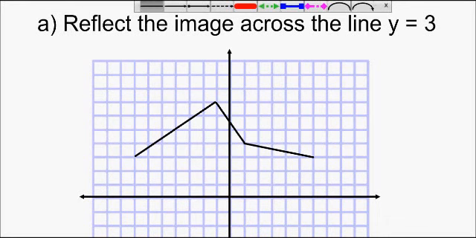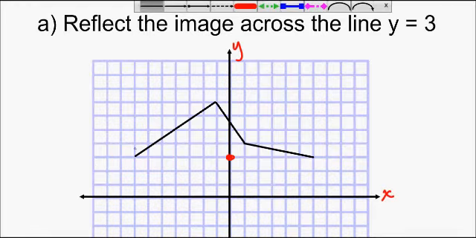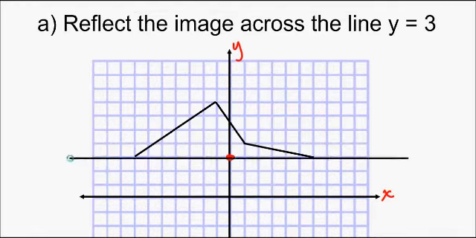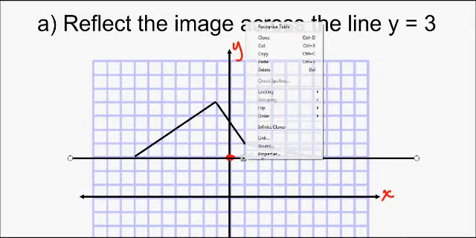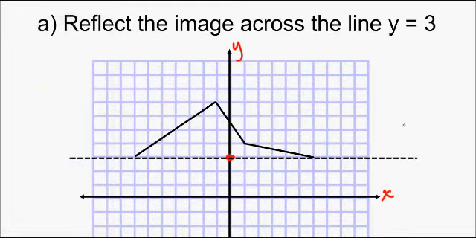And what I want to do first is actually draw in the line y equals 3. So you know this is the y-axis, this is the x-axis. I'm going to go up 1, 2, 3. This is where y equals 3. So I'm going to draw in a horizontal line. I'm actually going to make it a dotted line. And this is our line of reflection.